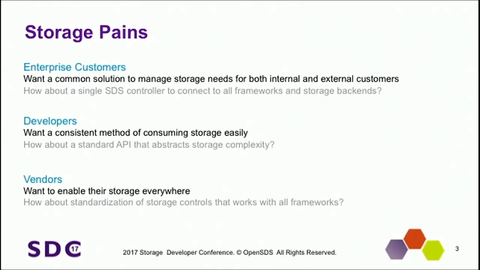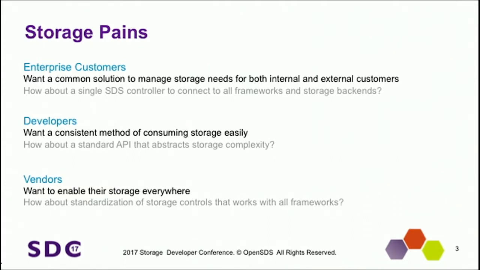A little bit more on the pain enterprise end users are encountering. Because they have so many different storage systems, they have to manage them with different software. They would love to have a common solution to manage all the resources more efficiently. Most developers don't want to deal with the complexity of various storage systems.